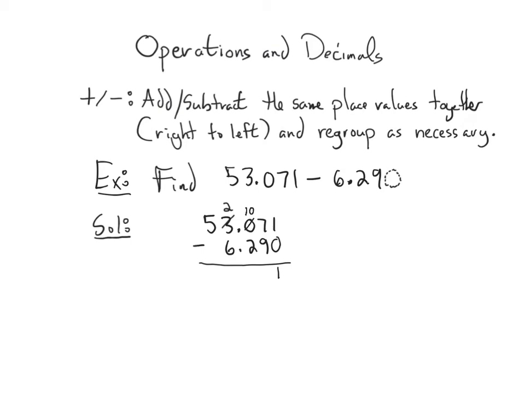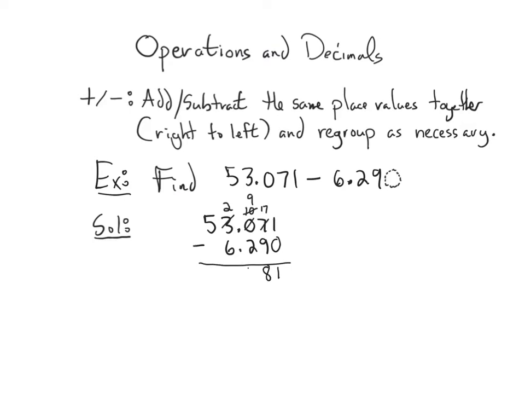But remember, we need some hundredths, so let's break up 1 of those 10 tenths, leaving us with 9 tenths, into 10 hundredths. We have 7 hundredths, so 10 plus 7 is 17 hundredths. And we subtract. 17 minus 9 is 8 hundredths.